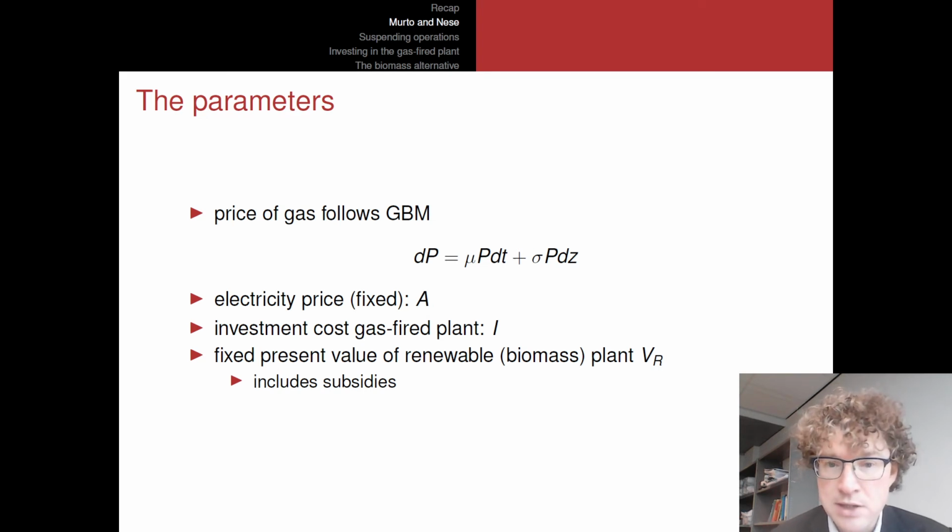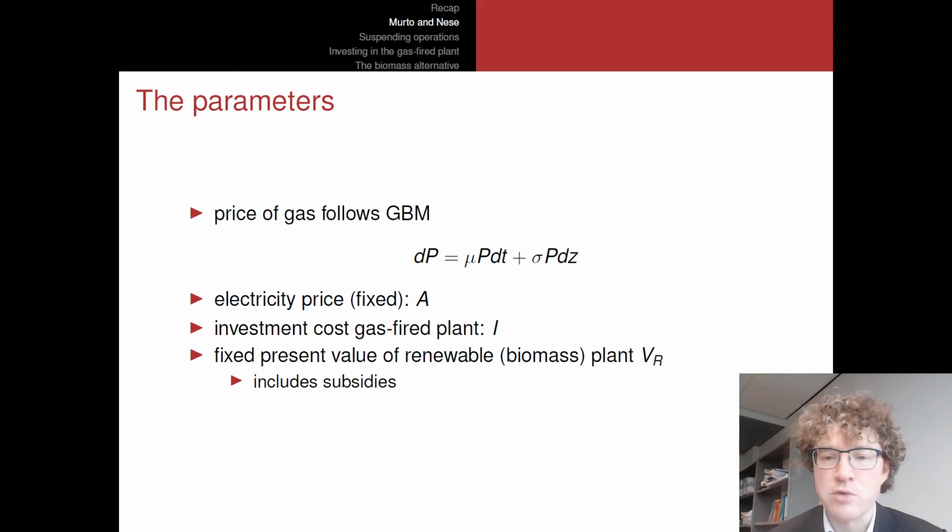We have an investment cost for the gas-fired plant, called I, so that once you decide to make the investment in the gas-fired plant, you sink an investment cost equal to I. And then all the other parameters relating to the biomass plant, the investment cost in the biomass plant, the value of the electricity produced from it, perhaps some subsidies if those are included, we summarize into a single variable because all of that is fixed.